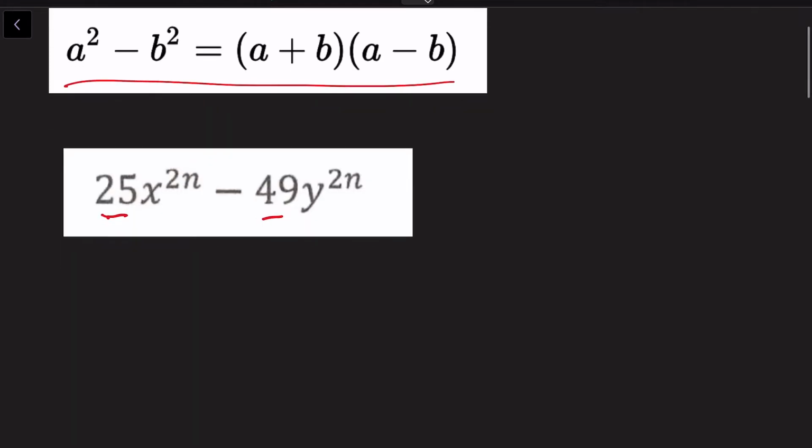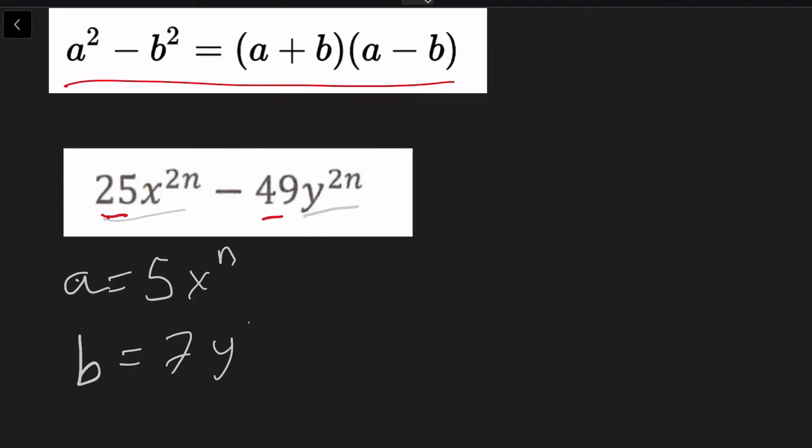Now, 25x to the 2n, 5 squared is 25, so my a term is going to be 5. We're going to have x to the n as well as part of our a term because this is a whole term together. 49y to the 2n, I know that 49 is the square of 7. So our b term is going to be 7y to the n.